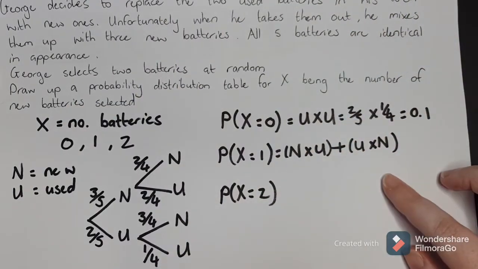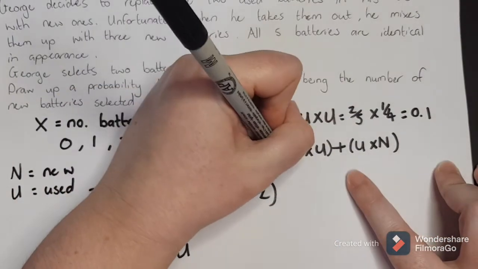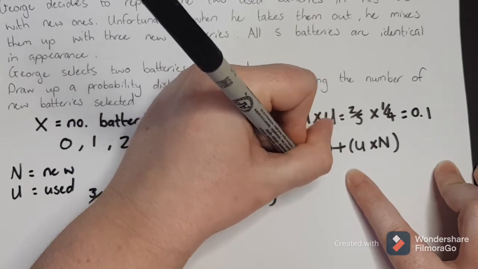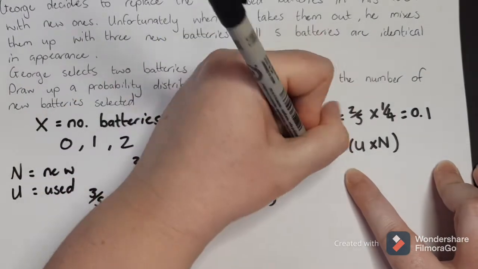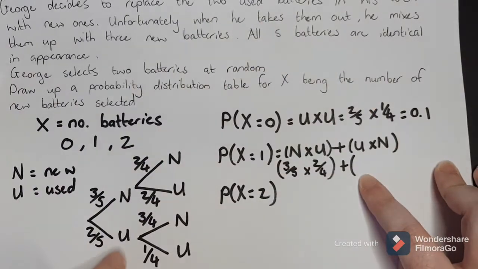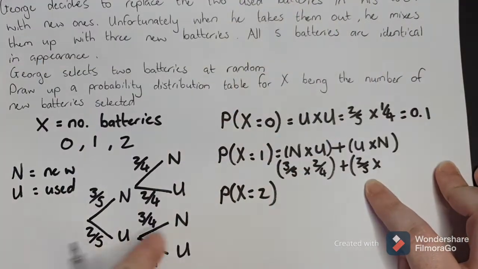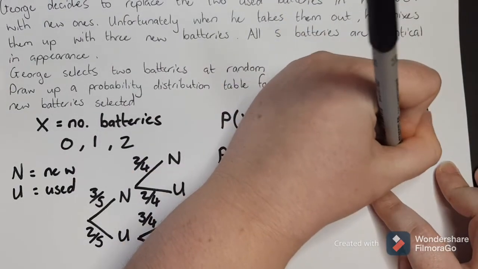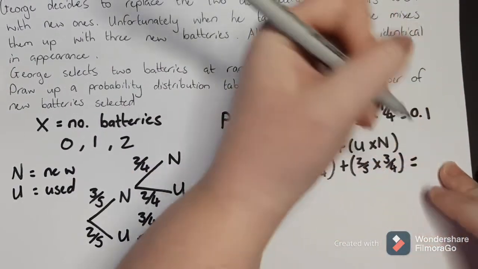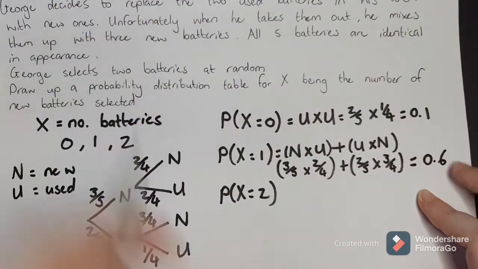So if we fill in our probabilities, a new one first was 3/5 times the used one was 2/4 plus the used one 2/5 times the new one 3/4. And if you type that in your calculator, you get a final answer of 0.6.